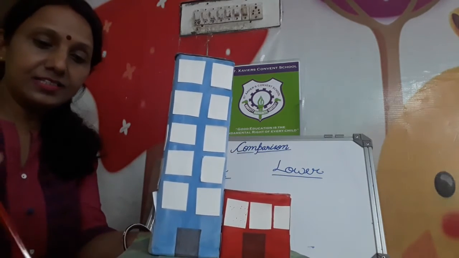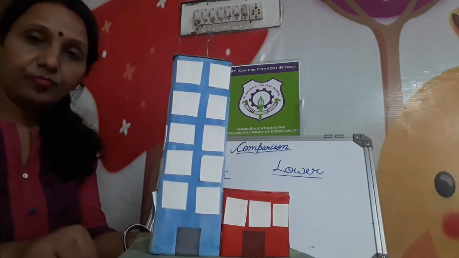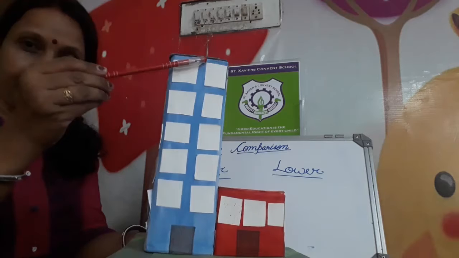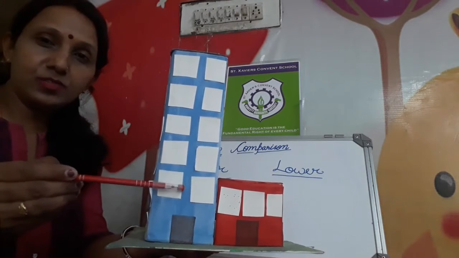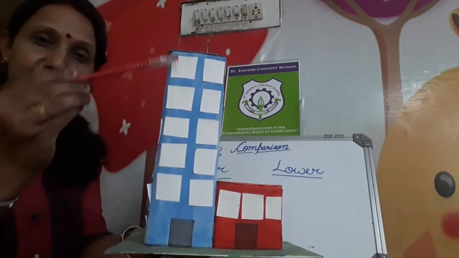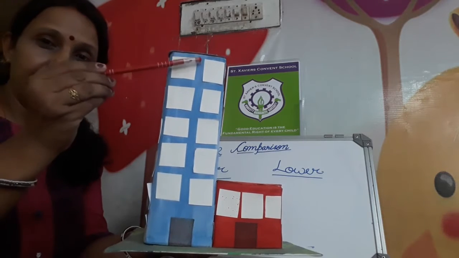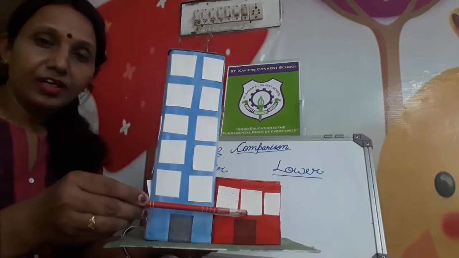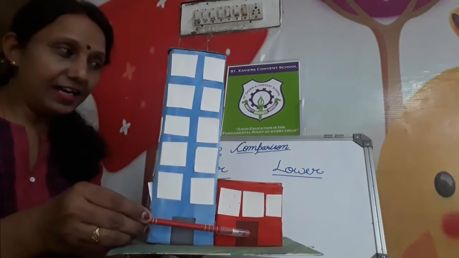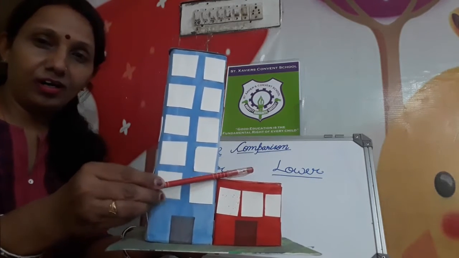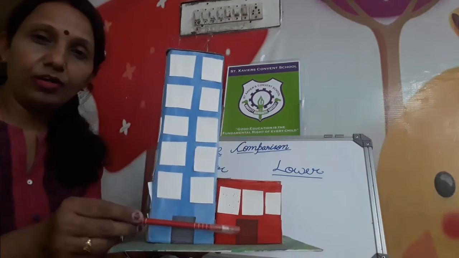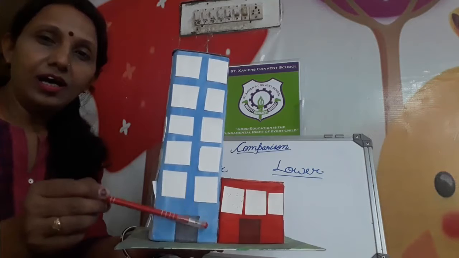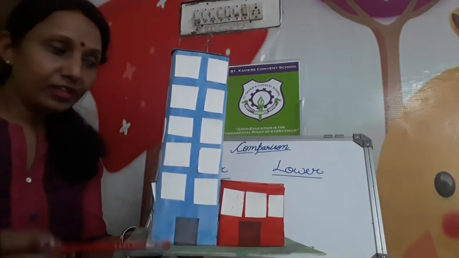This building is higher. This one has many segments, 1, 2, 3, 4, 5. So, higher. How many stories are there? 5 stories. Here, you can see that one is lower. This house has only 1 story. Alright, this one is lower and this one is higher.